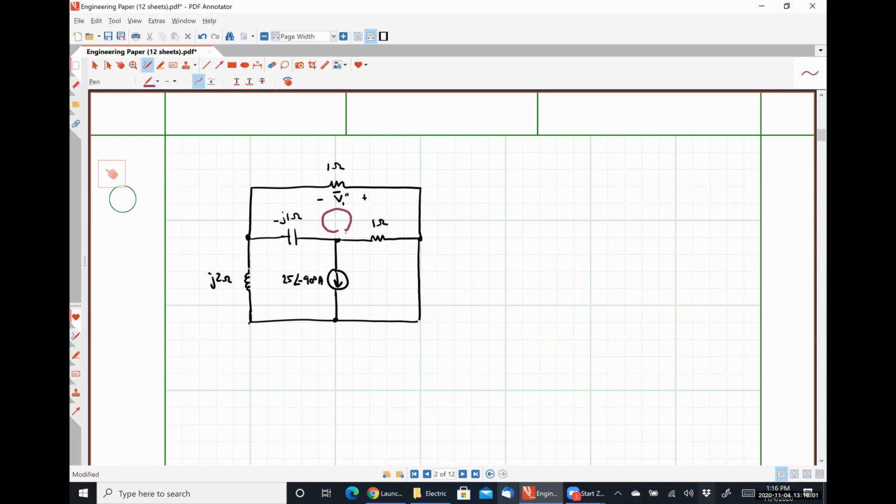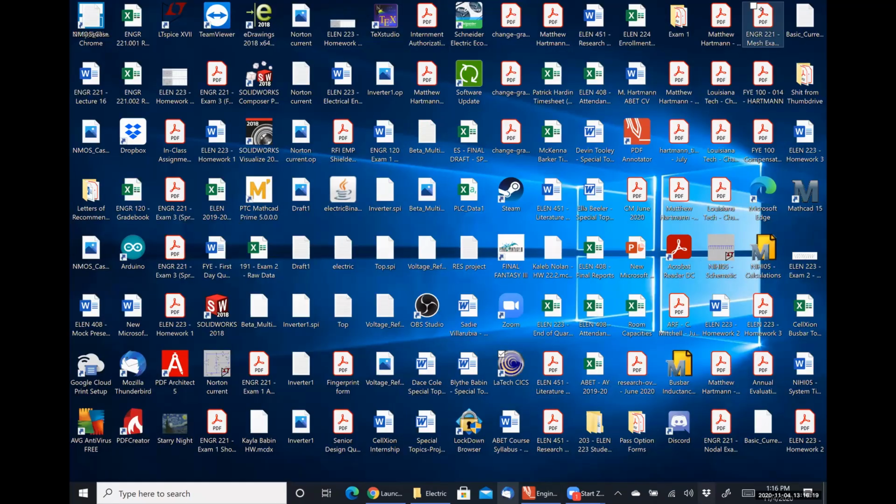So I'm going to call this guy up top phasor mesh current I1. I'm going to call this guy right here phasor mesh current I2. And this guy phasor mesh current I3. Give me just a second to make sure I have MathCAD installed on this computer, and it looks like I do. Great.